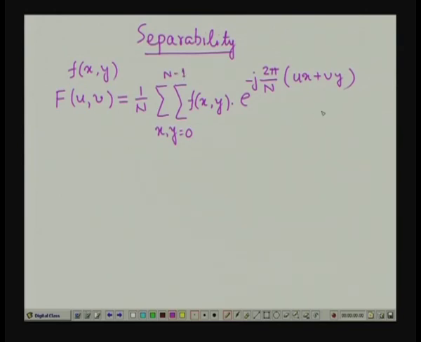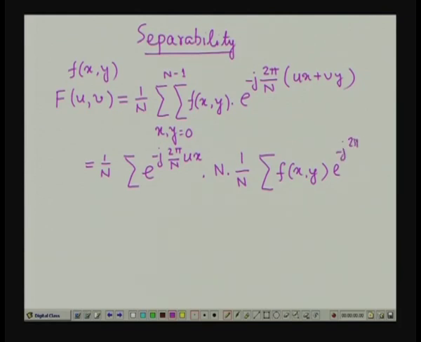If I rearrange this expression, it can be written in the form 1 upon capital N, summation of e to the power minus j 2 pi by capital N ux, multiplied by capital N, and then 1 upon N, again a summation of f(x,y) e to the power minus j 2 pi by capital N vy.